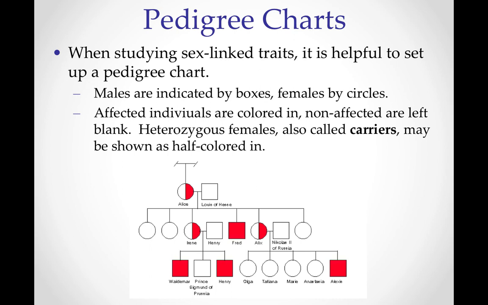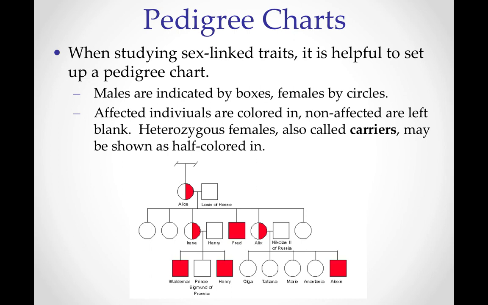So you can see the mother is heterozygous and is a carrier. If they are a carrier, they're shown as half-colored in. So only males can be fully affected with it.